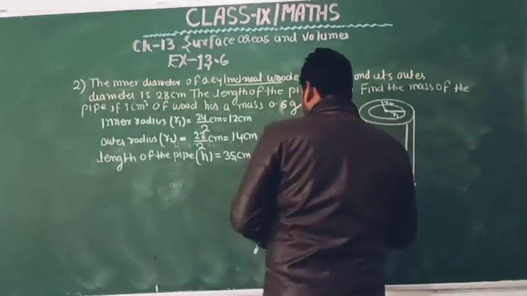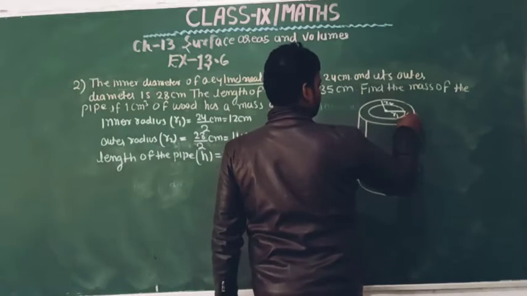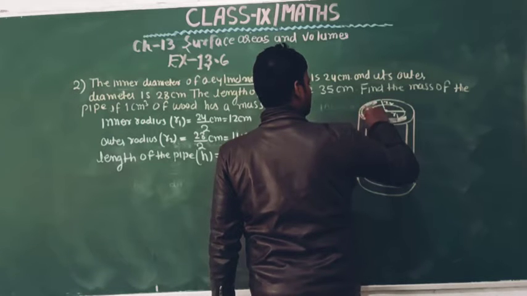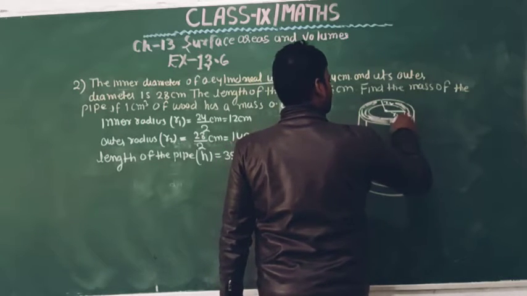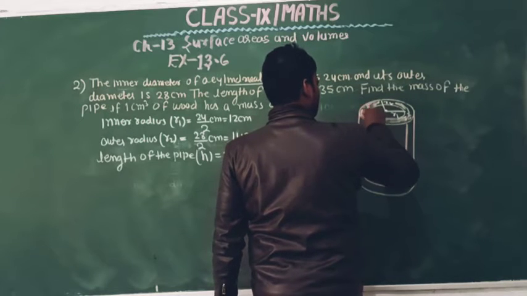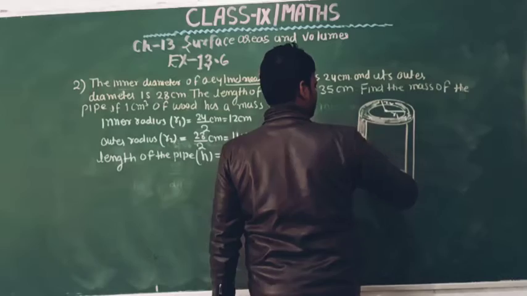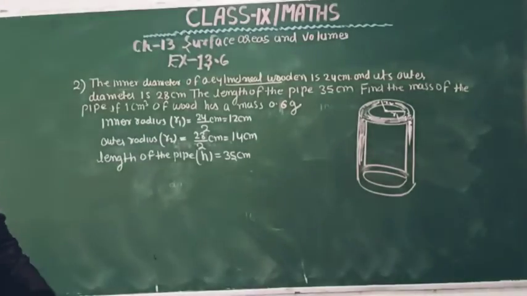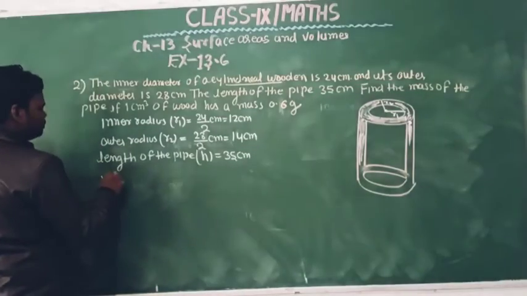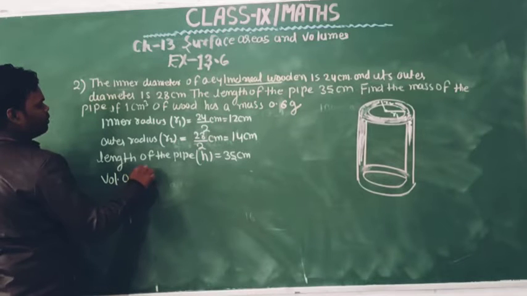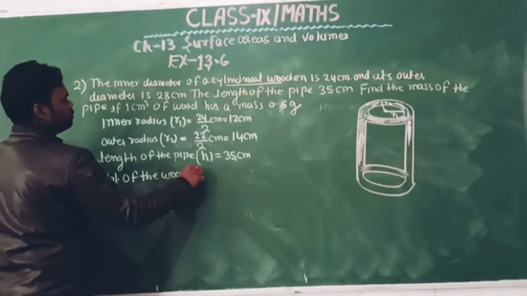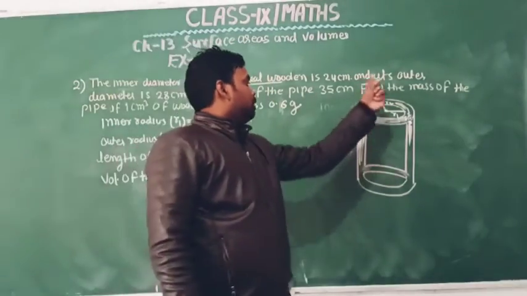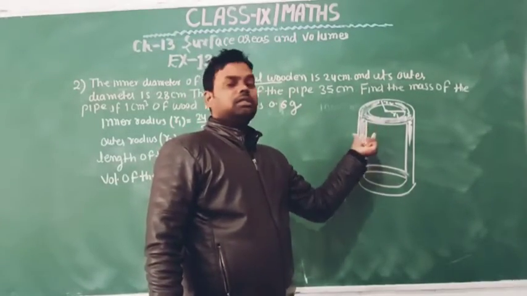So first we need to find the total volume of the wood of the cylinder. This is the width of the cylinder, so we need to find this. The volume of the wood of this cylinder is calculated by outer volume minus inner volume.